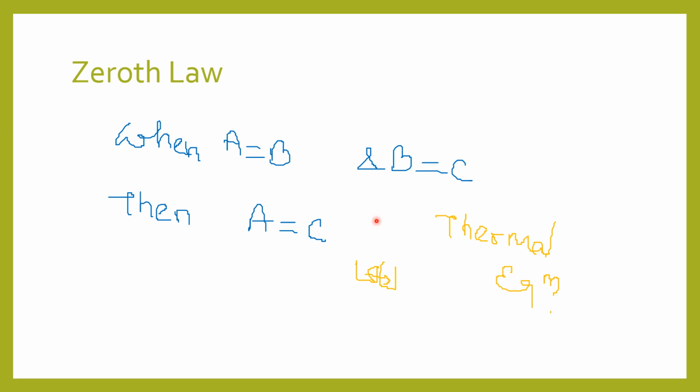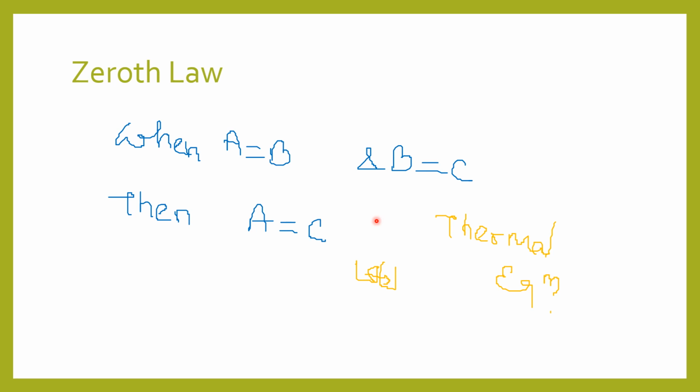You have to write the statement that if two thermodynamic systems A and B, each of which is in thermal equilibrium independently, are brought into thermal contact, then there would be flow of heat from one system to the other, or no exchange of heat. That is the thermodynamic process that will result.